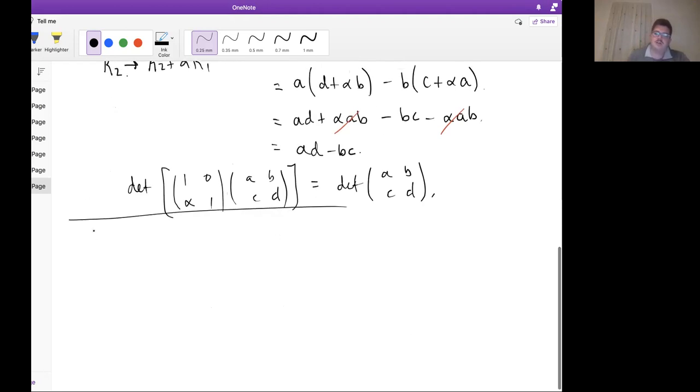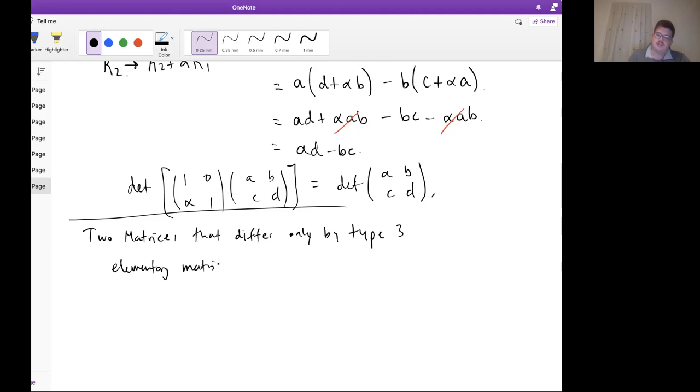So two matrices that differ only by type 3 operations have the same determinant.